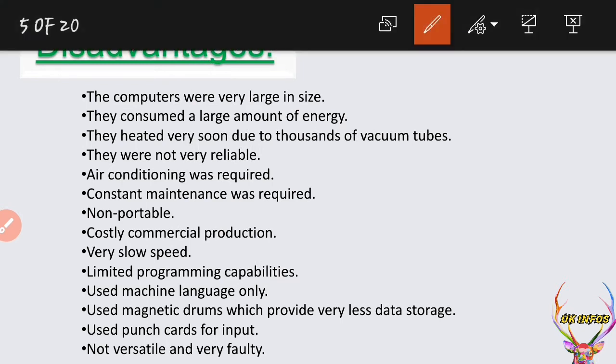So they used machine language only. They used magnetic drums, which provide very little data storage.